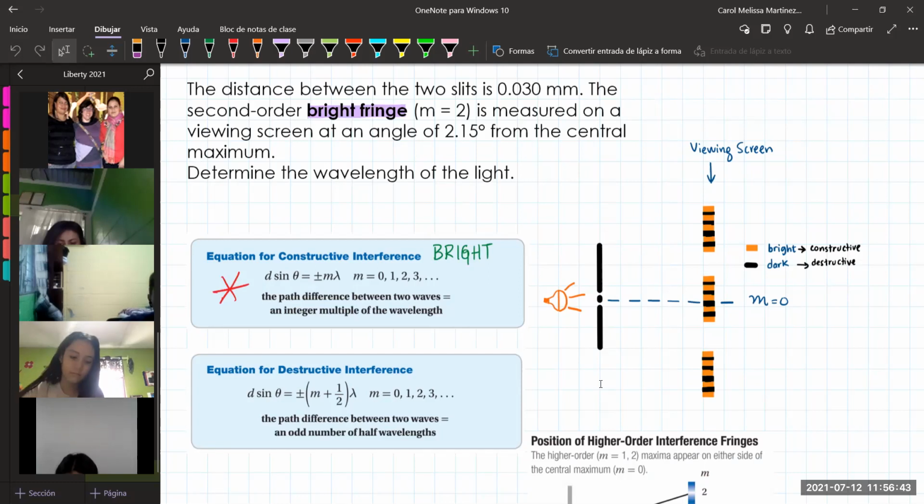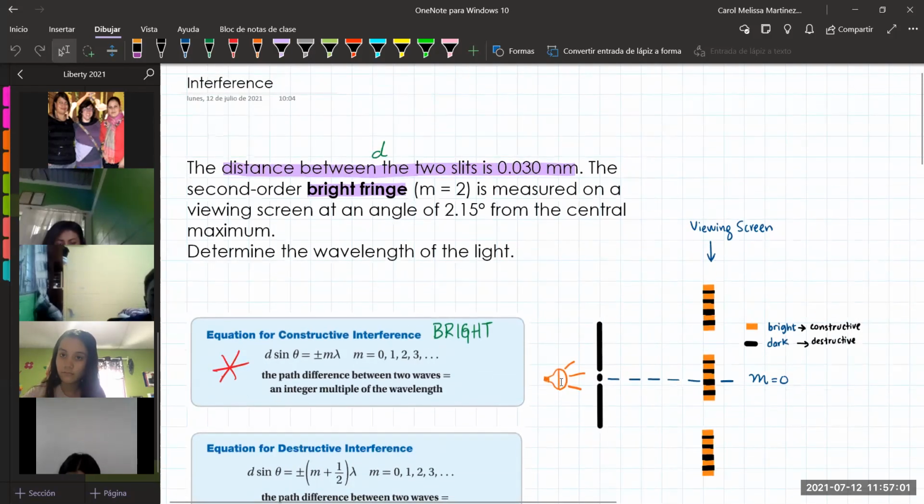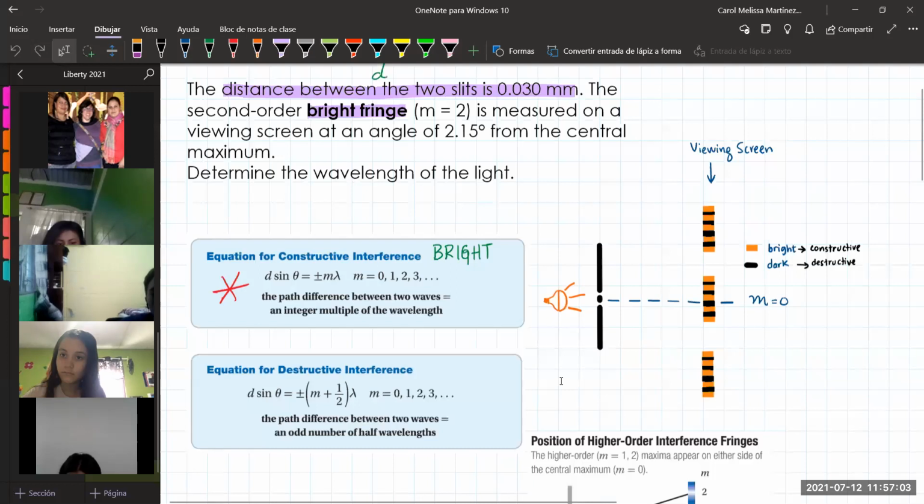So what is this exercise giving me? It says the distance between the two slits is 0.03 millimeters. When we talk about distance, we use the letter D. When it says second order, that refers to the letter m. m equals 2.